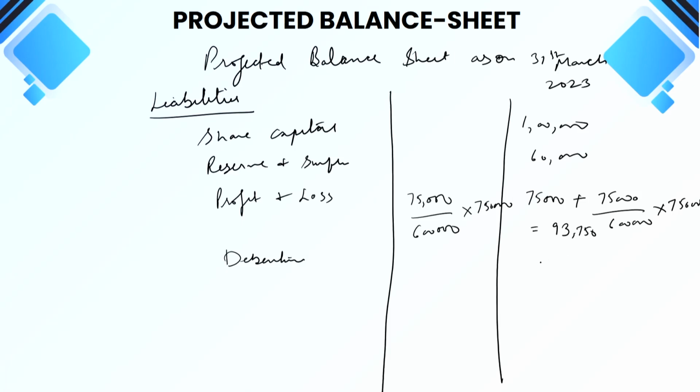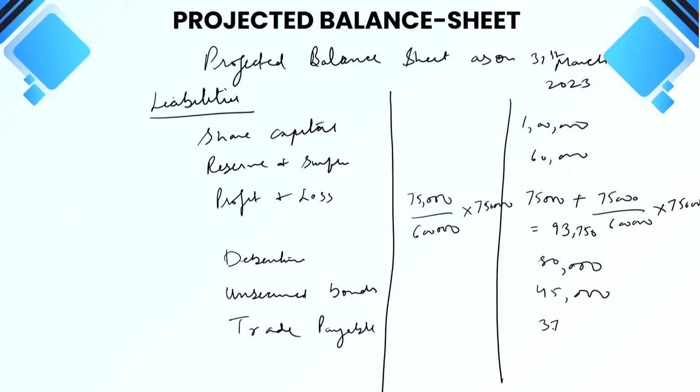Moving ahead with the debentures, we are taking it that there is no increase in debenture as mentioned in the question. We take the figure as fixed. Then we have unsecured bonds of rupees 40,000. Then we have just calculated the trade payable, 37,500.